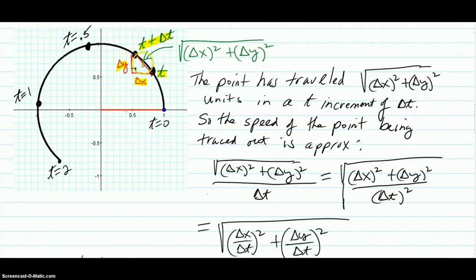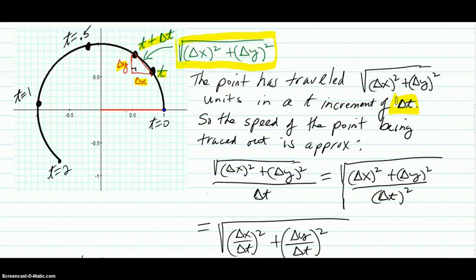But anyway, you have a nice right triangle there. So the hypotenuse is the distance that you traveled during that delta t parameter change.